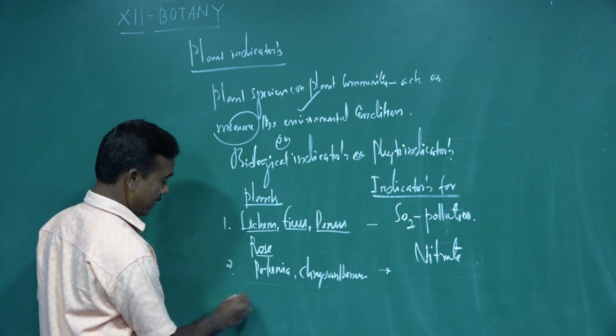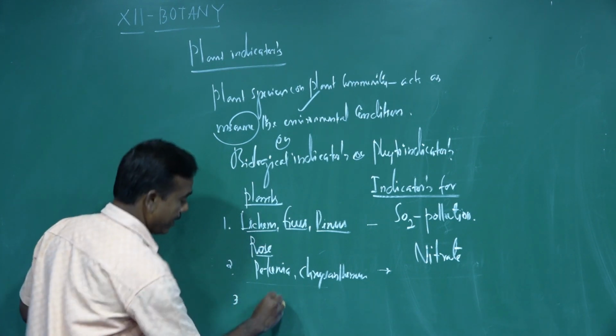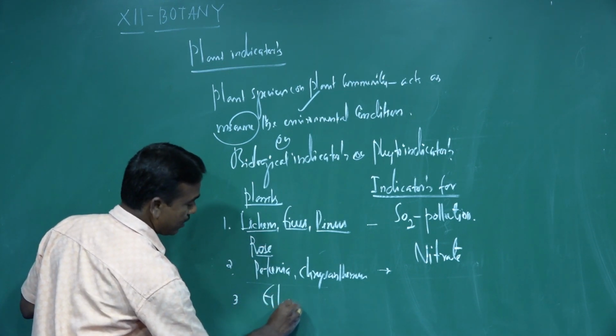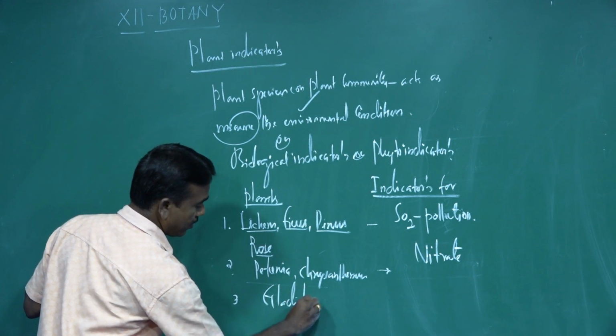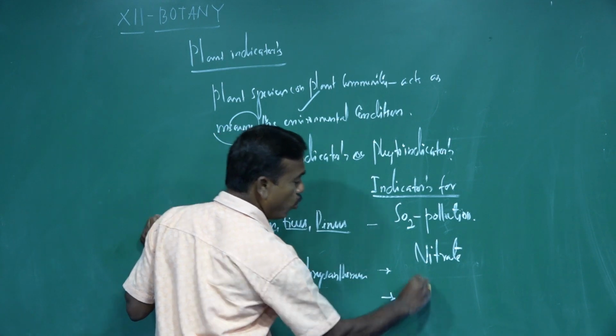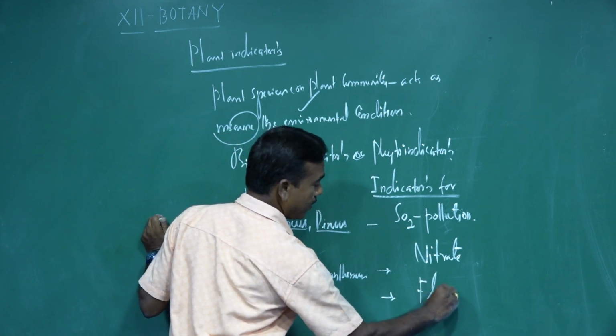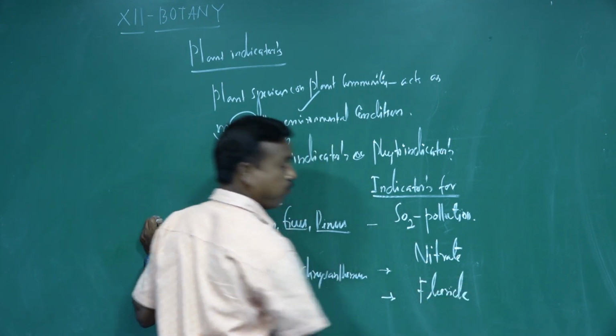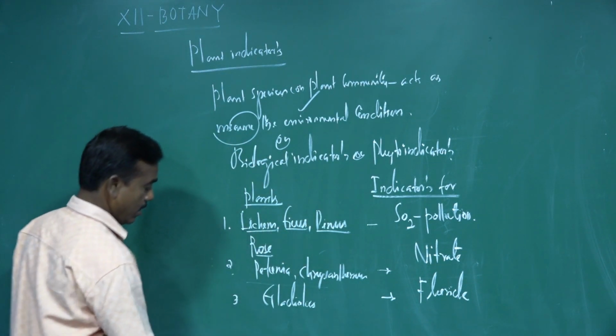The third, gladiolus, which is a fluoride pollution indicator.